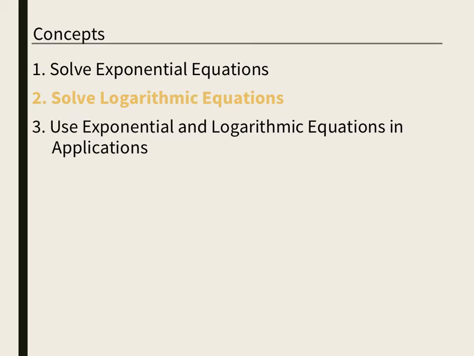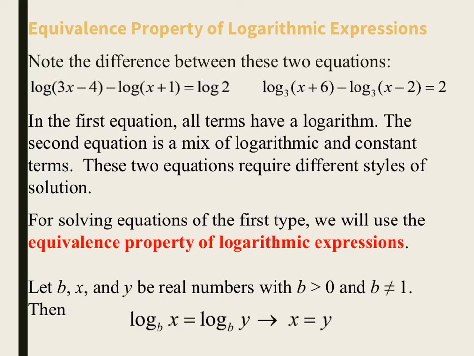Our next concept is solving logarithmic equations. So we're going to talk about the equivalency property of logarithmic expressions. Note the difference between these two equations: the log of (3x minus 4) minus the log of (x plus 1) equals log 2.